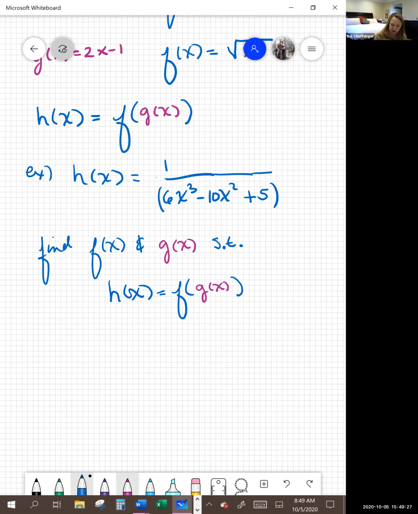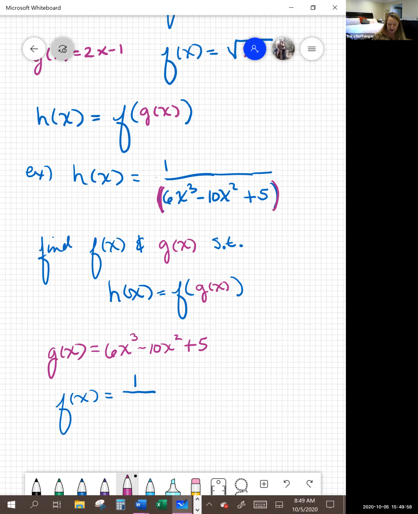So if we choose g of x to be this whole denominator, then f of x, basically it's this whole thing except wherever we see what we chose g of x to be, that's where we're putting the x. So this would be 1 over x.